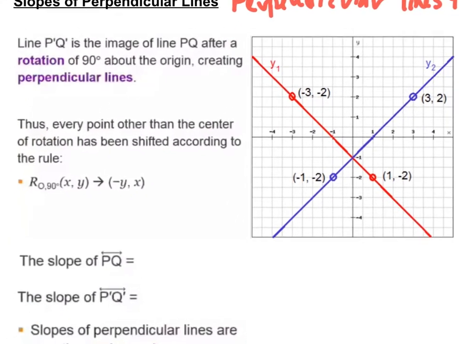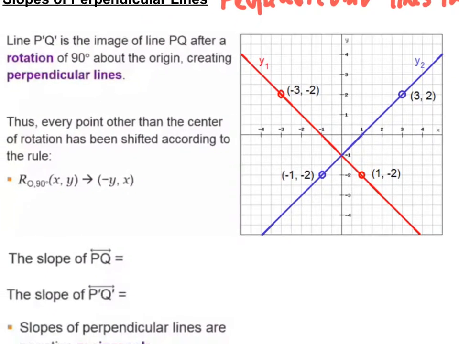Okay, so then the slope of PQ, let's just call this line right here PQ, and then we'll call the other one P prime Q prime. What I want to do is calculate the slope of PQ.